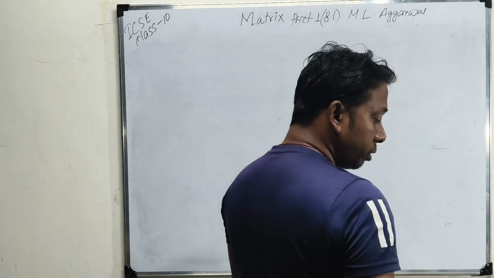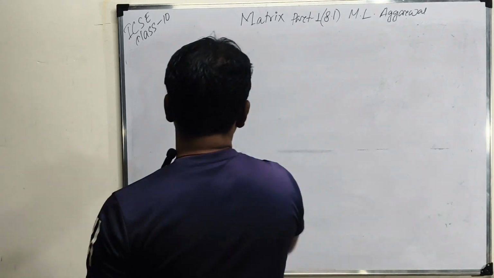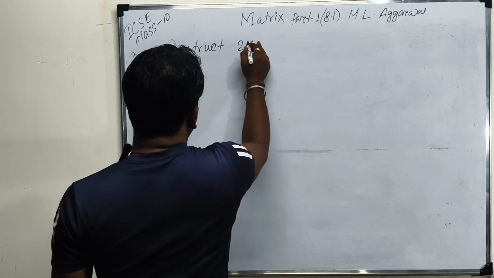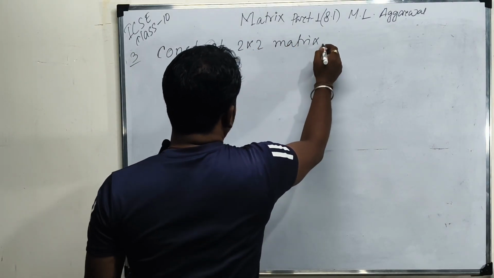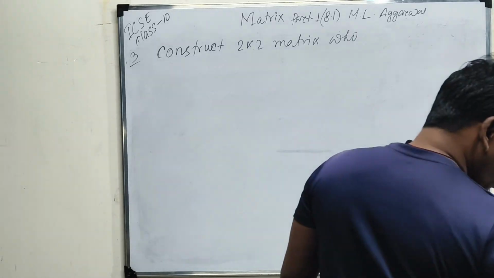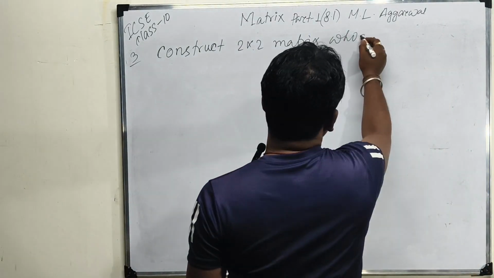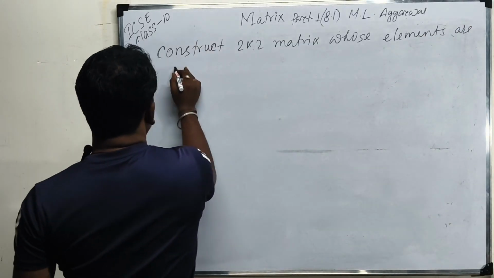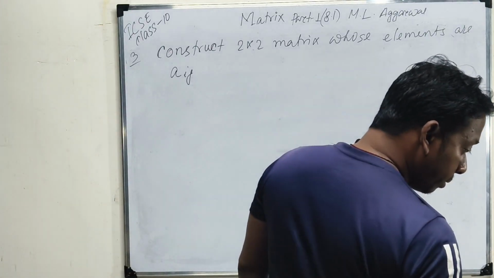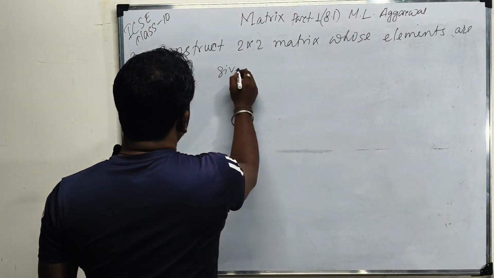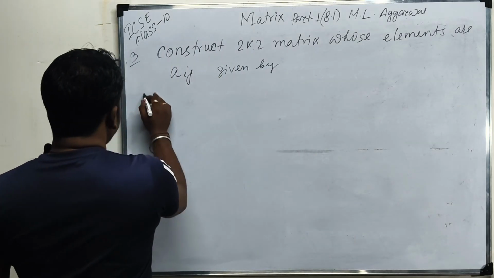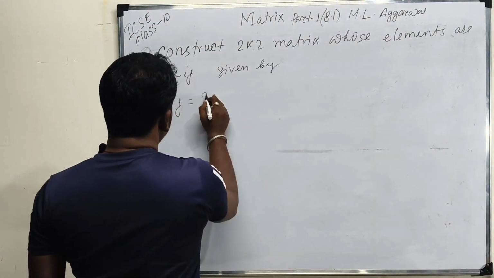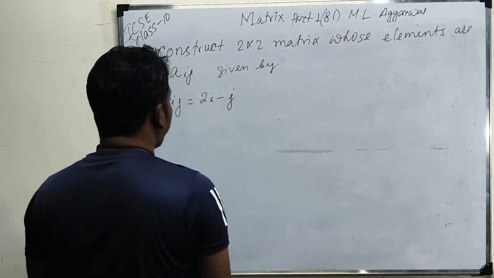Construct a 2 cross 2 matrix whose elements Aij are given by number 1, Aij equals 2i minus j.